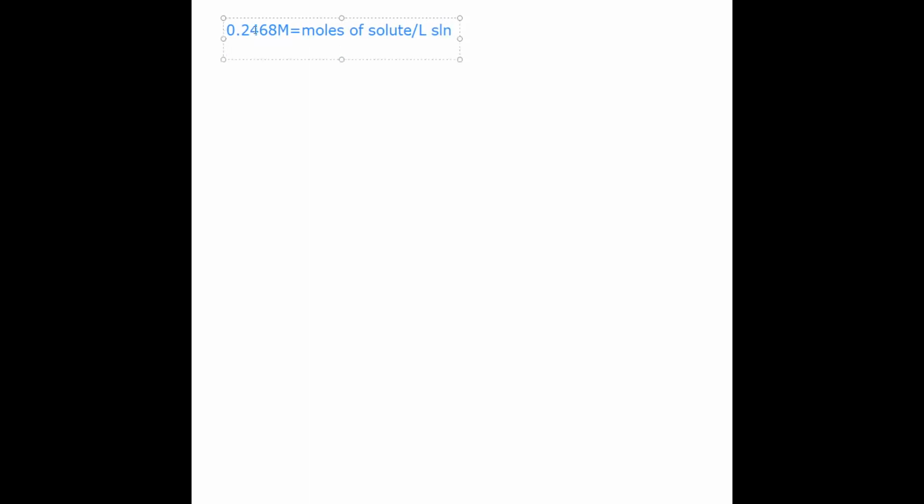So in this case, I do not have the moles of my solute, that will be what I'm looking for. And I have the volume of the solution, which should be 100 ml.